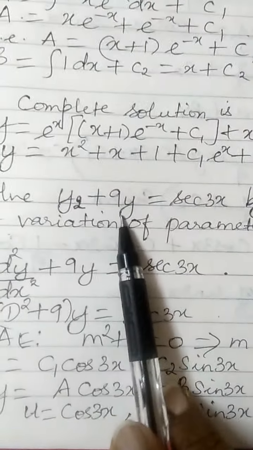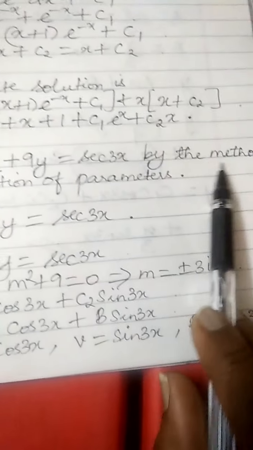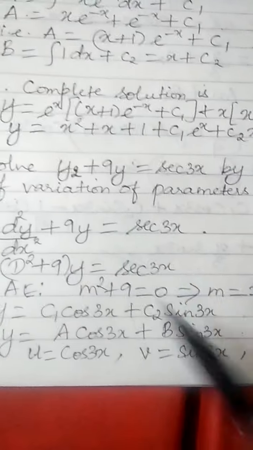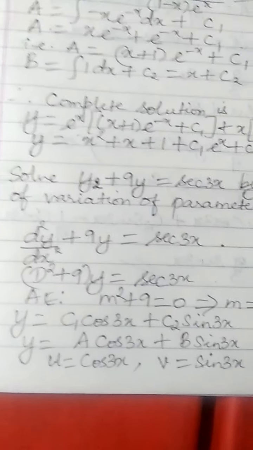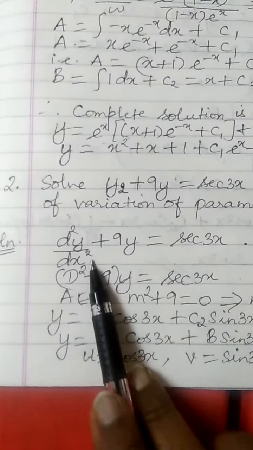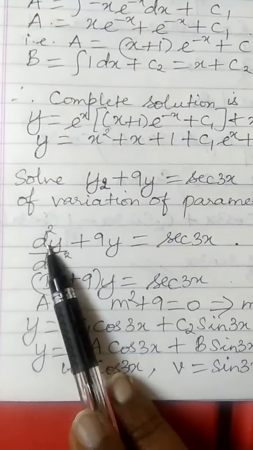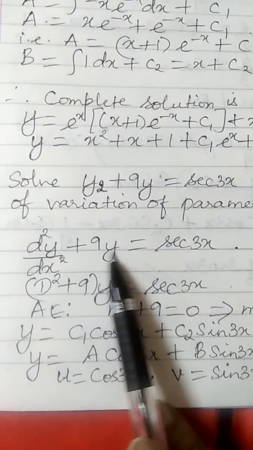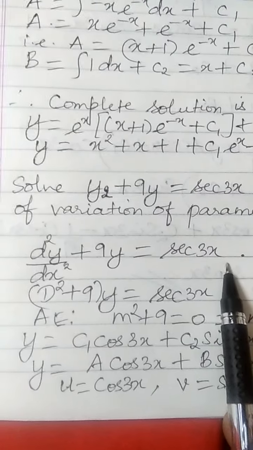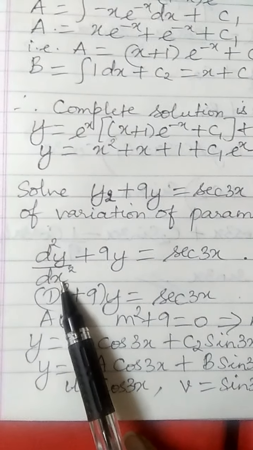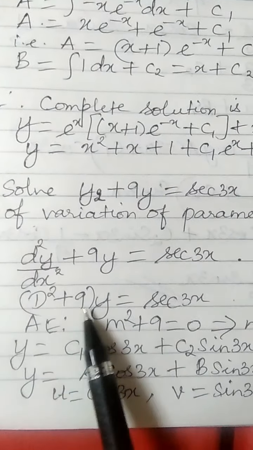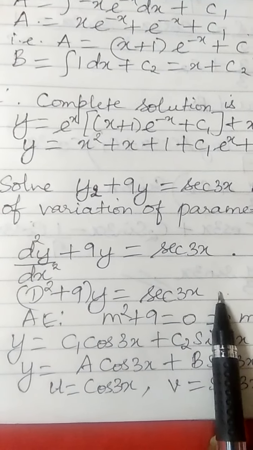Solve y2 plus 9y equal to secant 3x by the method of variation of parameters. Solution: y2 is nothing but d square y by dx square plus 9y equal to secant 3x. Writing in operator notation, we will get (D square plus 9) y equal to secant 3x.